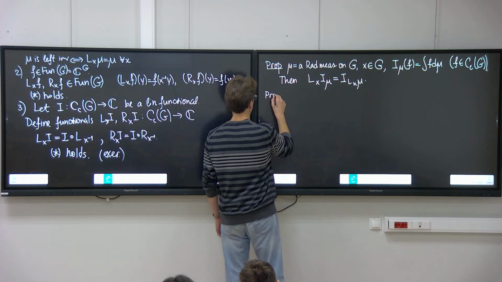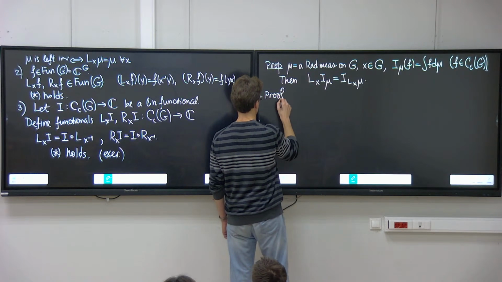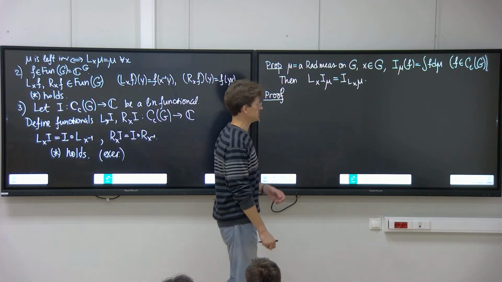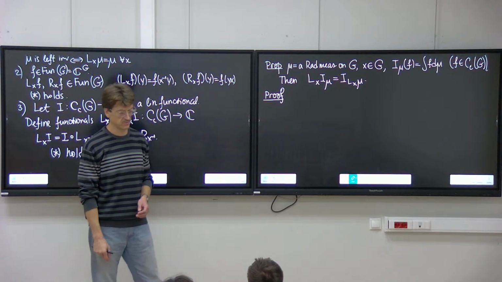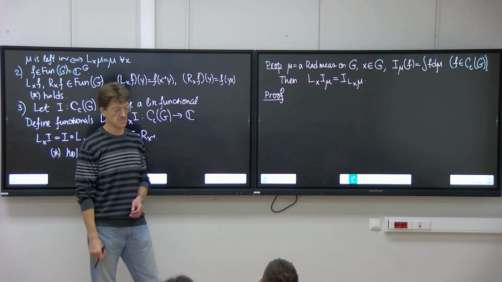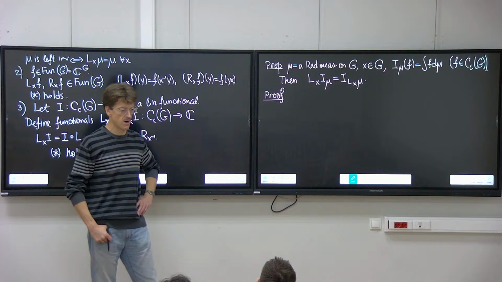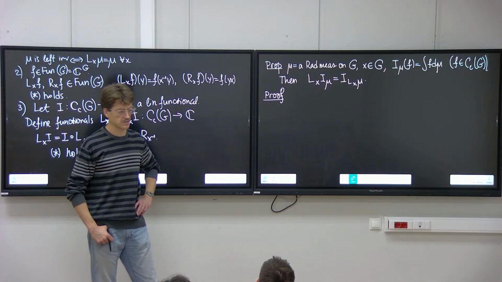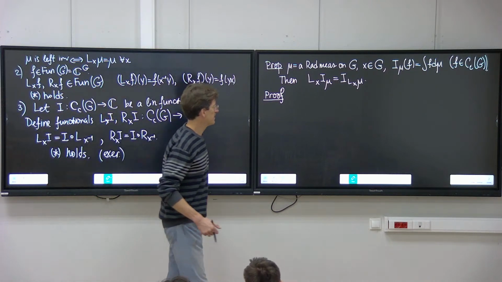The easiest way to prove this is to prove this equality not on the space of continuous compactly supported functions, but on a much bigger space, namely the space of bounded Borel functions concentrated on a set of finite measure.